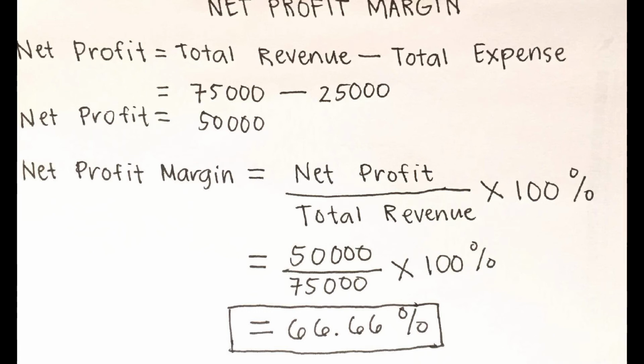To solve, this is our formula: net profit margin is equal to net profit over total revenue times 100%. Our net profit is 50,000, divided by total revenue, which is 75,000. When we divide, our answer is 0.66. We still multiply it by 100, so our answer is 66.66%.